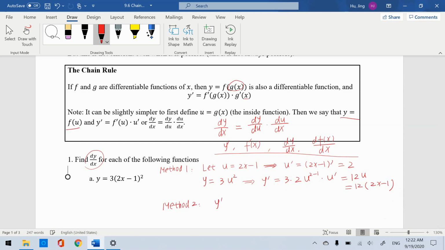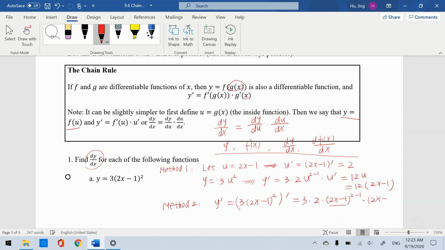Or, once you are familiar with the rule, you could do it a little bit faster. So y prime is directly based on the whole thing. You could still write one more step. The 3 comes out, the coefficient, then the 2, the power, jumps down, 2x minus 1 to the 2 minus 1. Because 2x minus 1 is not our destination, we need to reach x.